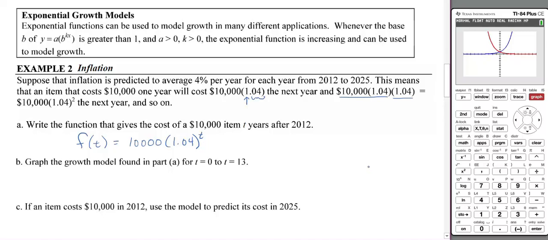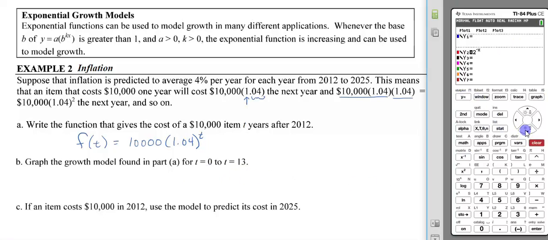Graph the growth model found in Part A for t equals 0 to t equals 13. So let's go to y equals. We'll clear out our previous functions.